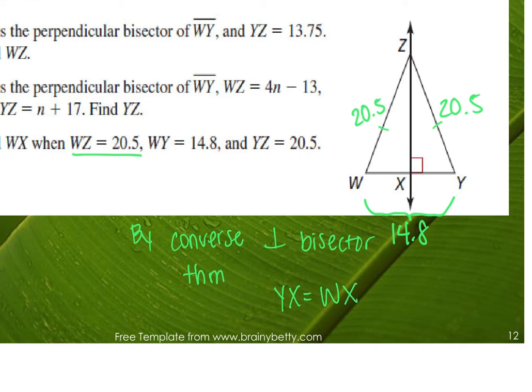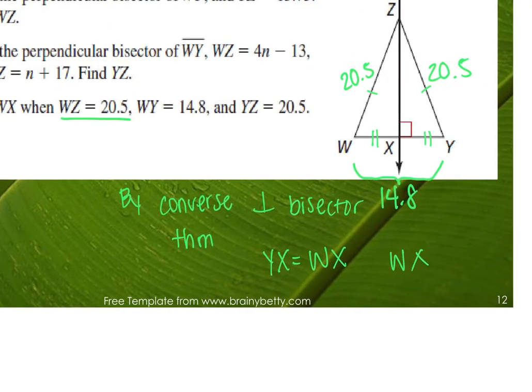Because we already know it's perpendicular, but it's also a bisector. And if those two are equal, just like what Isa said, the 14.8 just gets divided by 2, so WX equals 7.4. It's just 14.8 divided by 2.